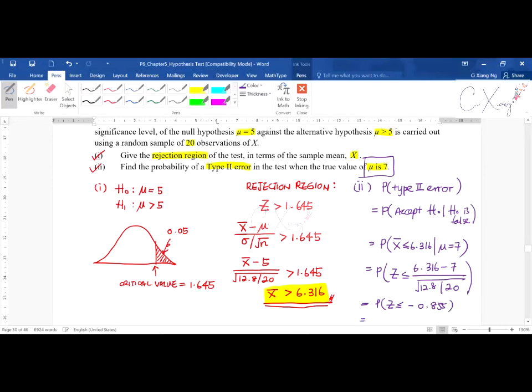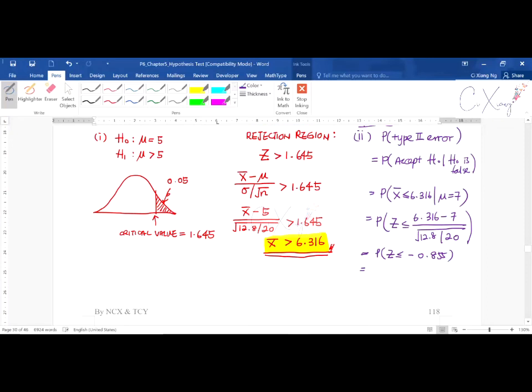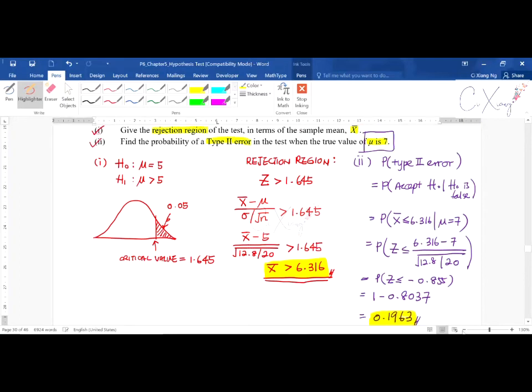And then you continue the calculation from this part using the normal distribution table. And eventually you should get 0.1963. Okay, so this is your type 2 error.